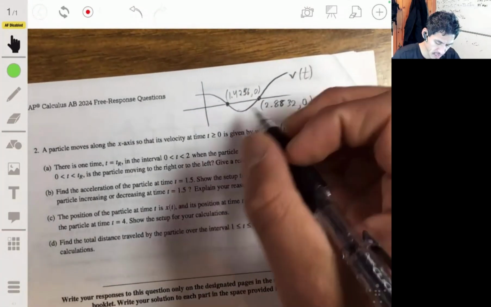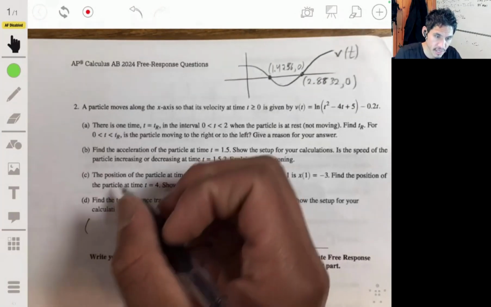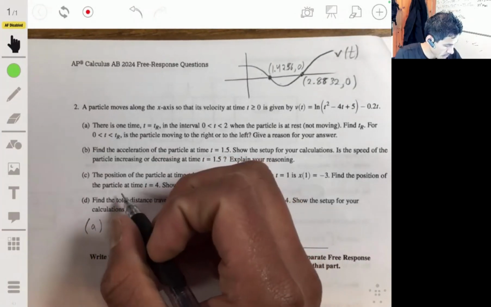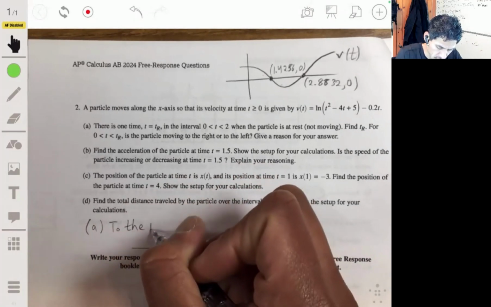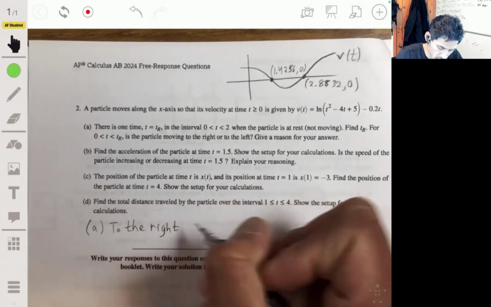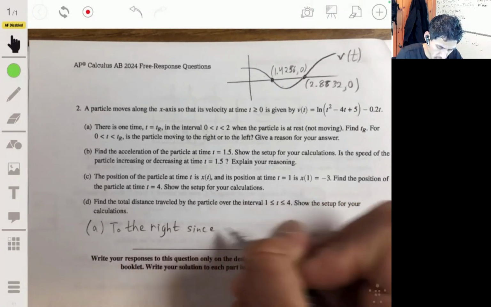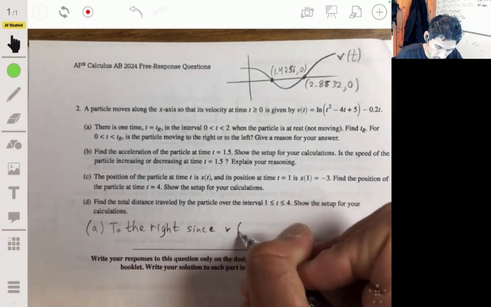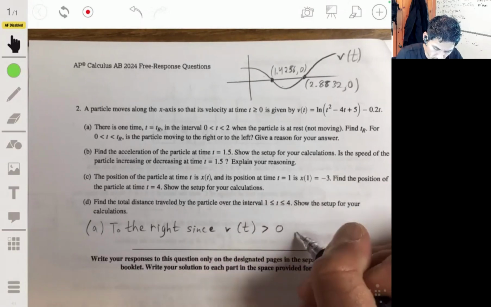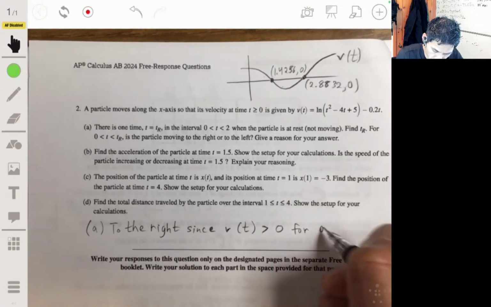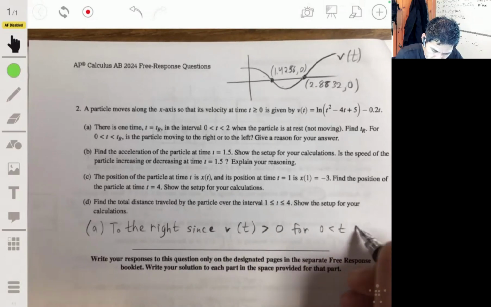So we can probably just write that for our answer A. A is to the right, since v of t is greater than 0 for t between 0 and tr.